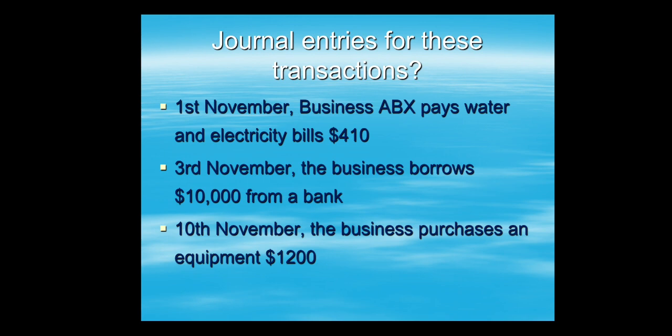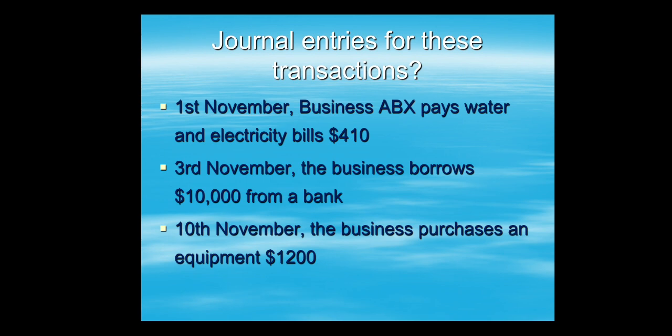Okay, see the second transaction here. 3rd of November, the business borrows $10,000 from a bank. What is the effect of that on the accounting equation? When a business borrows money from a bank, asset cash increases $10,000. The second effect is liability increase $10,000. The account is bank loan.